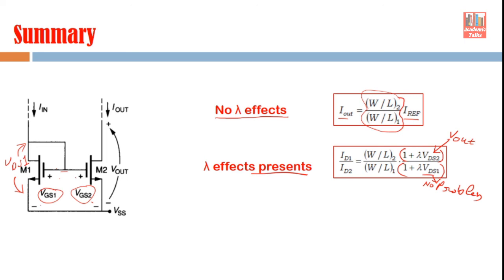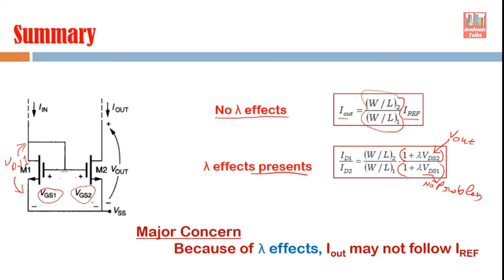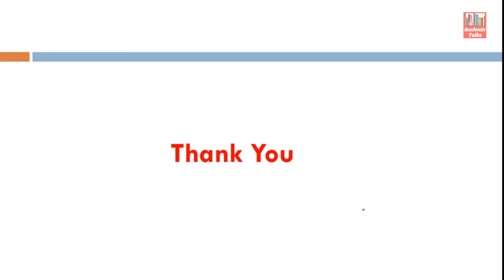So the output voltage changes, VDS2 changes, and the ratio of these two currents changes. It means your output current may not follow your reference current. This is a major concern, and it is because of the presence of lambda effects in the device. So we need to do something about this problem, which occurs because of the change in the output voltage in the circuit.